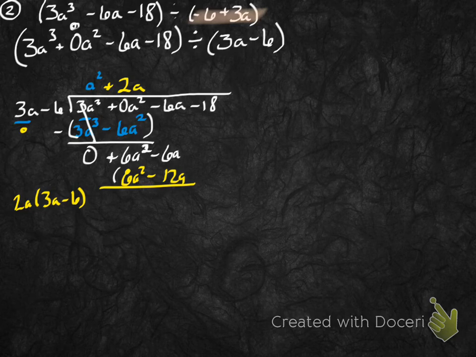I'm going to subtract that. So when I subtract it, it's going to be minus and a plus. 6a squared minus 6a squared is 0. Negative 6a plus 12a is a positive 6a minus 18.